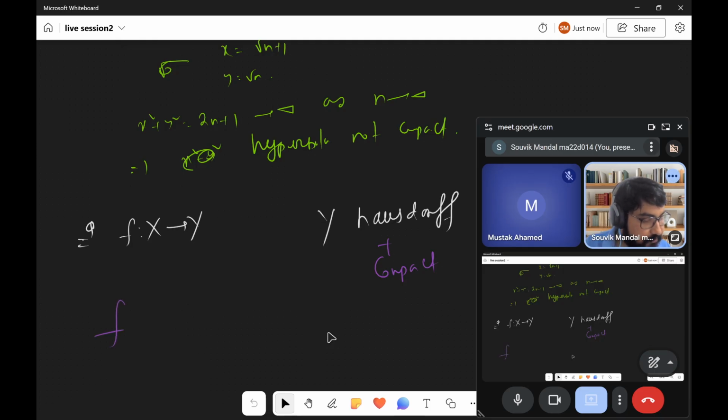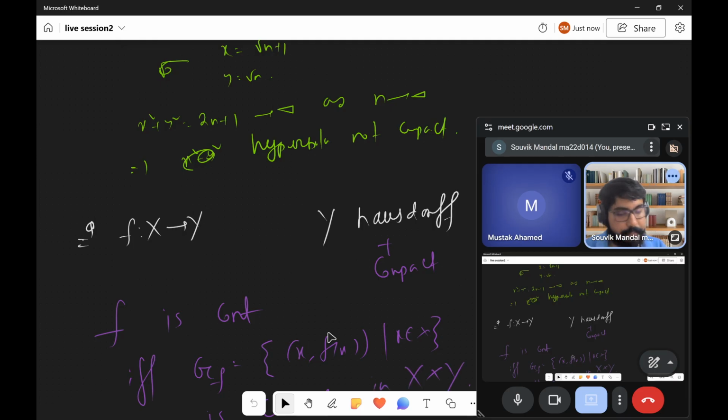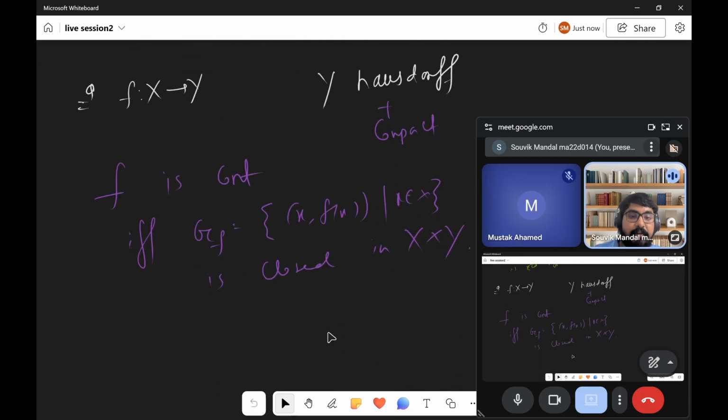Then f is continuous if and only if the graph of f, that is x comma f of x, x belongs to X, is closed in X cross Y. If Y is Hausdorff compact, then f is continuous if and only if the graph is closed in X cross Y.